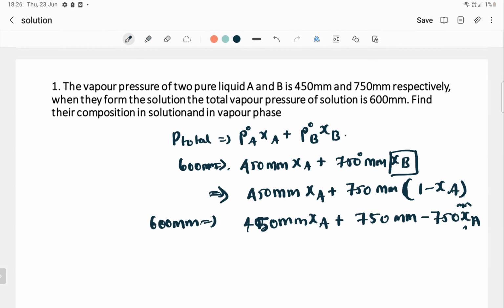So exactly, you have got 0.3. Next, calculate the second part, the composition in the vapor phase.